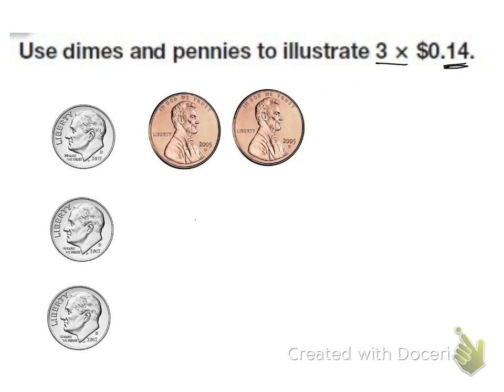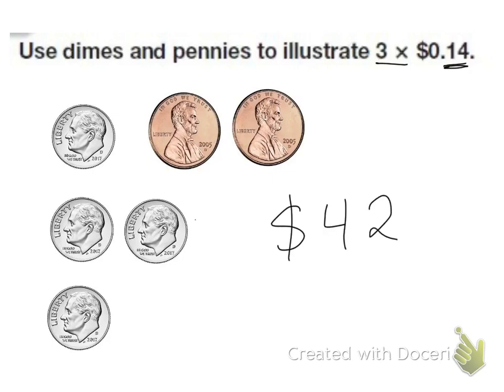And I trade it for 1 more dime. Okay, so now I have 4 dimes and 2 pennies. So 3 times 14 cents equals 42 cents.